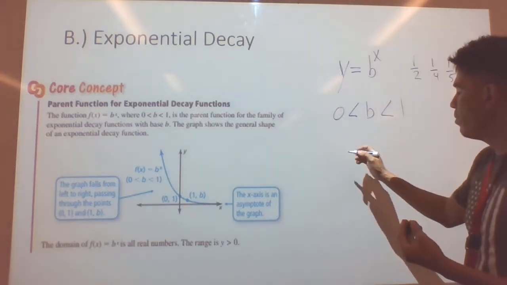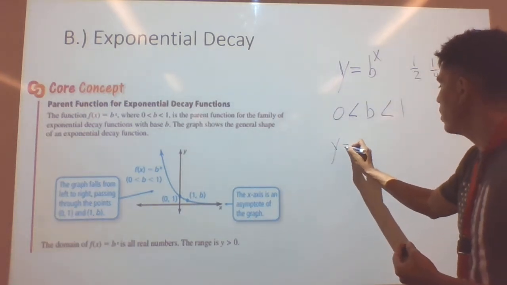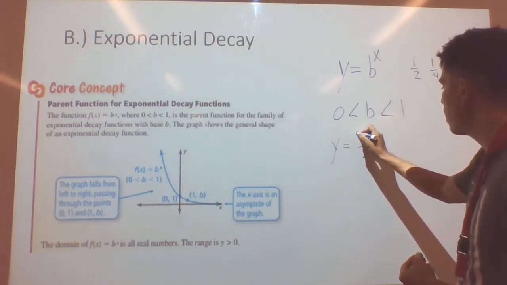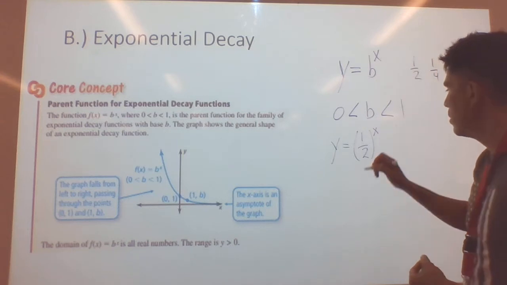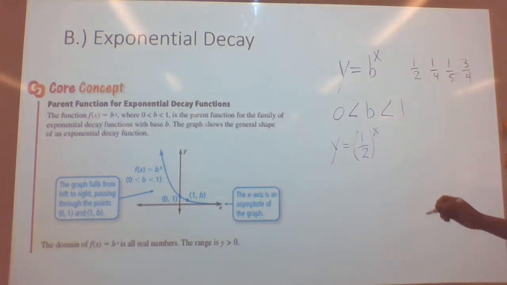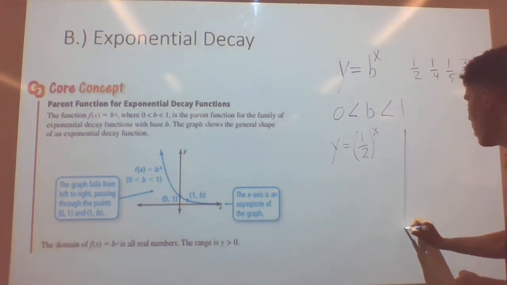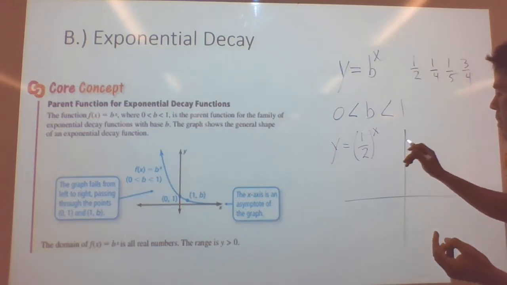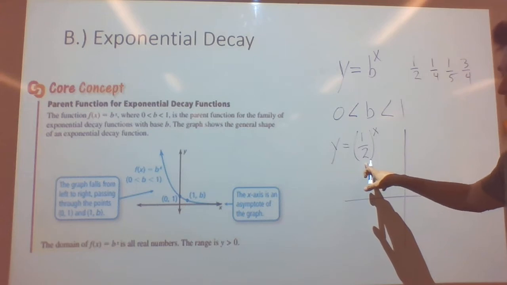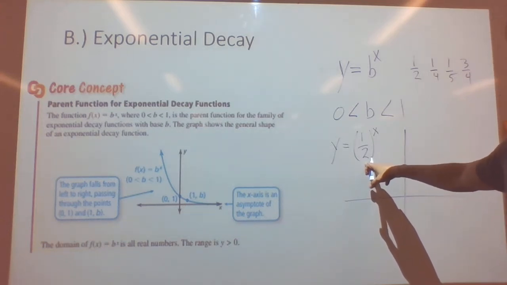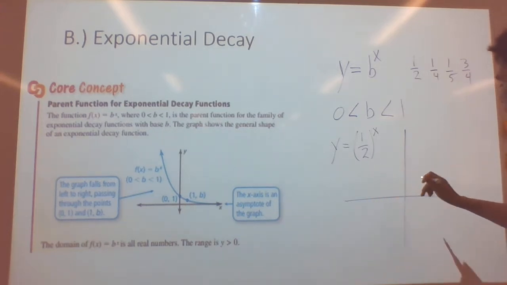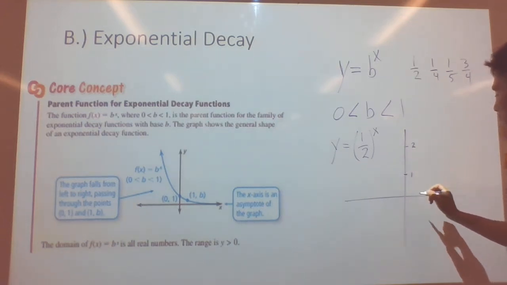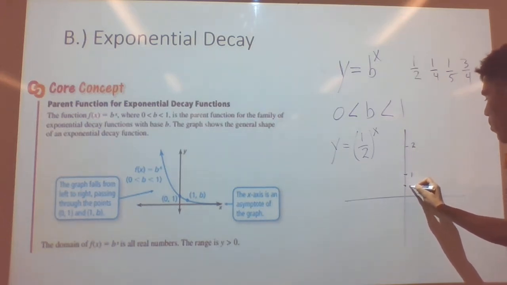So if we want to do that, let's see how it looks. Let's do 1/2 raised to the x. Okay. Well, same thing as before. My b value is going to be where? It's going to be my y-intercept. So if this is going to be 1, this is going to be 2, this is going to be 1/2 right here, or 0.5.